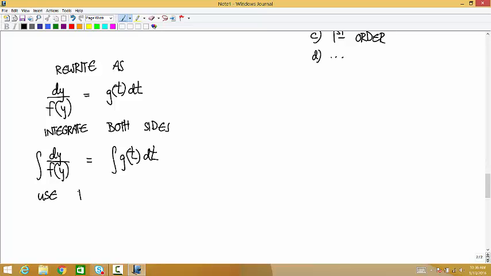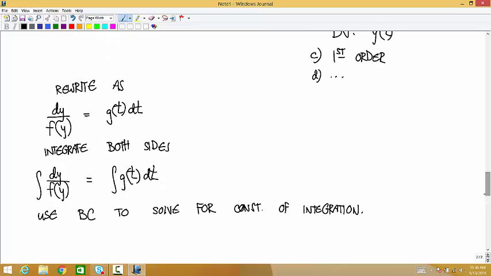And you're going to use the boundary condition to solve for the constant of integration. Okay. Any questions about that idea? So let me go through 2 examples.